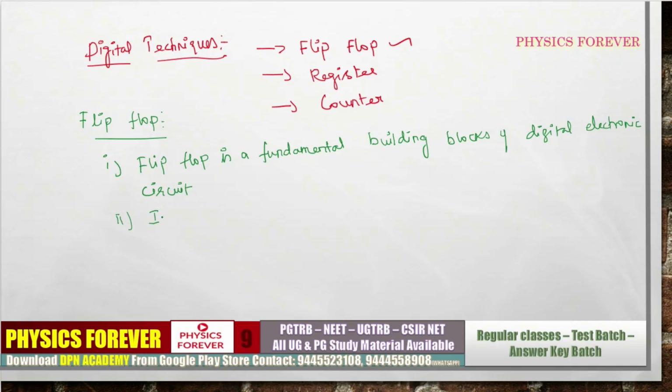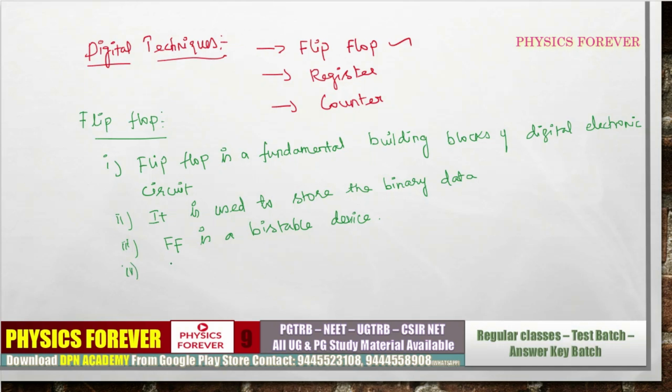So then flip-flop is used to store the binary data. That is the important point, binary data. Then third point, flip-flop is a bistable device. Most important point, bistable device.